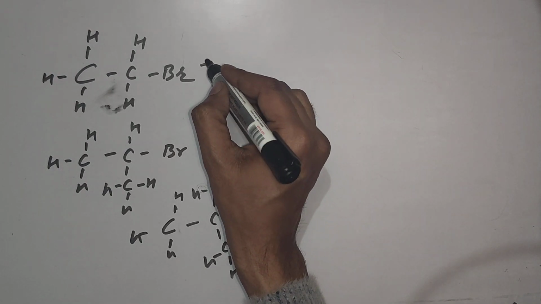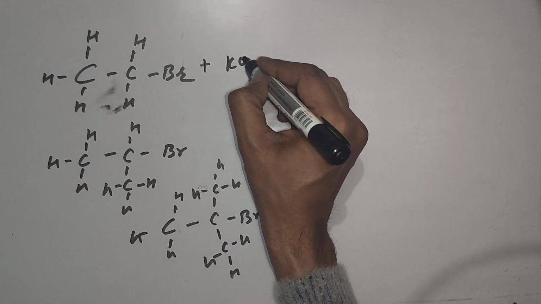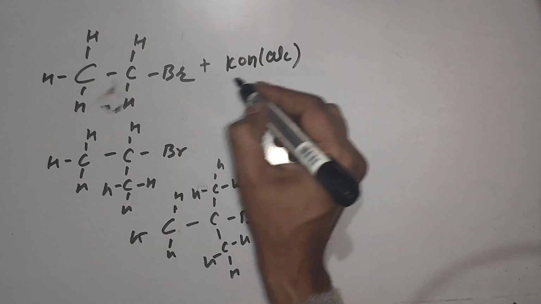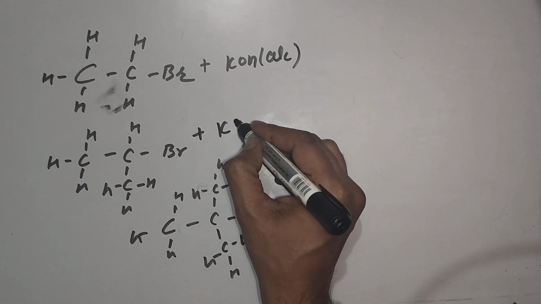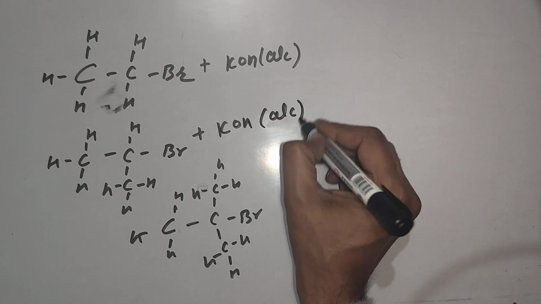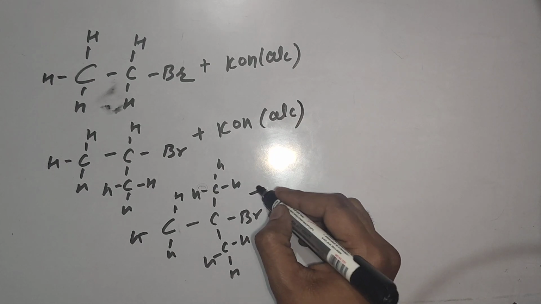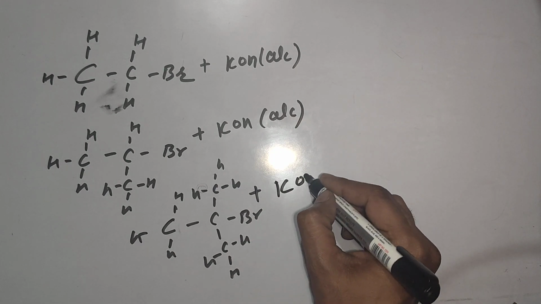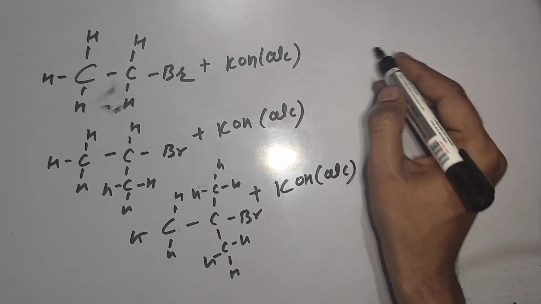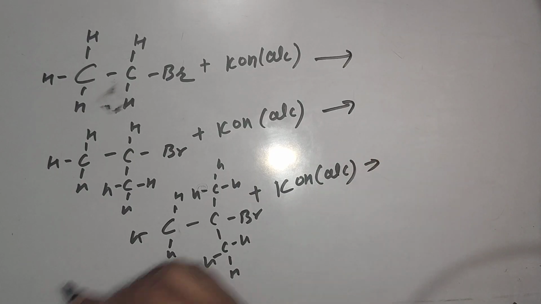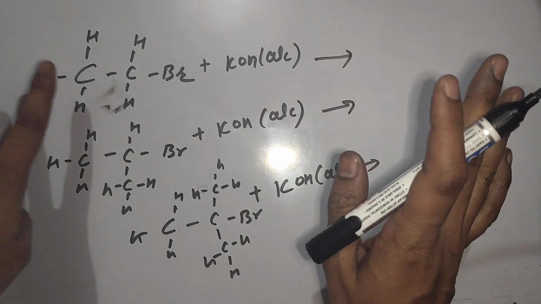Now suppose it is reacting with KOH alcoholic strong base. It is also reacting with KOH alcoholic strong base. It is also reacting with KOH alcoholic strong base. Means the conditions are perfect for beta elimination.